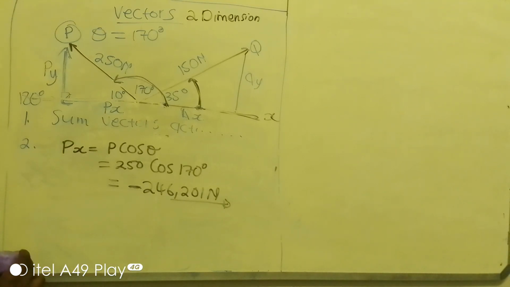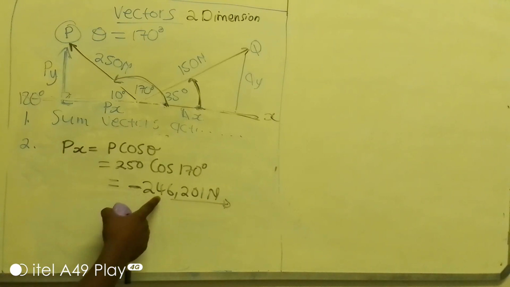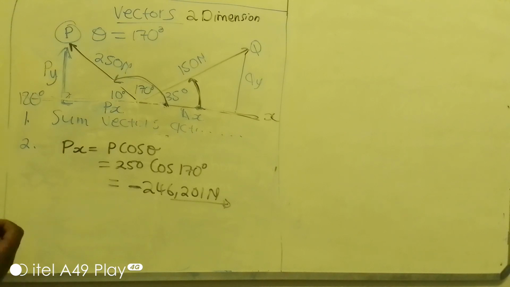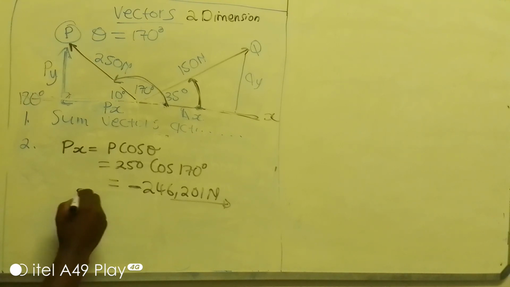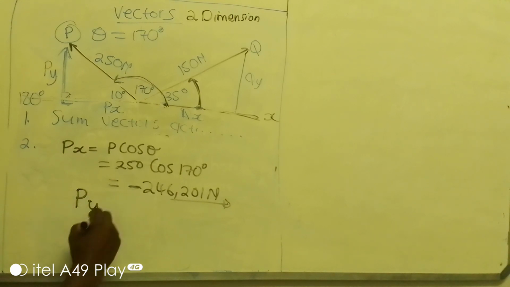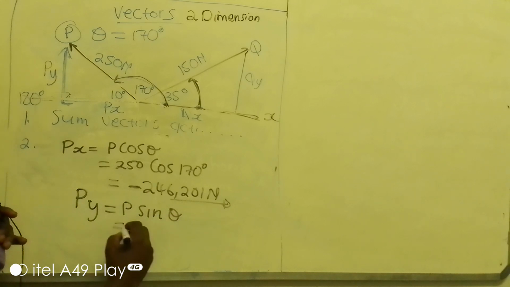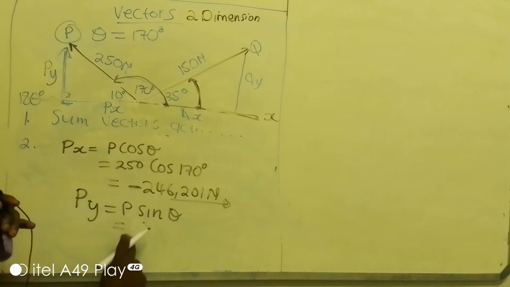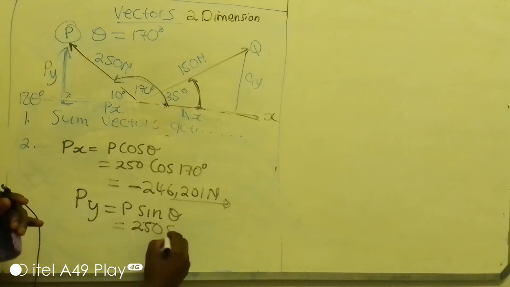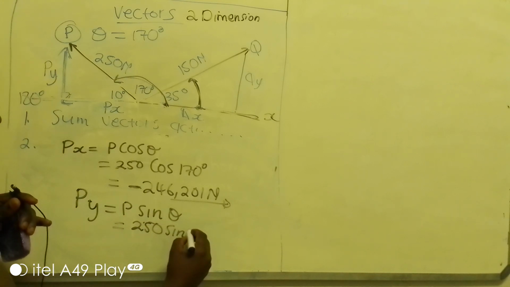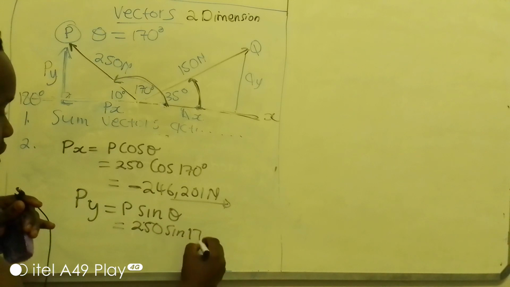Now let's find Py. We found Px, so what is Py? Py is P sine theta. P sine of theta is equal to P, which is 250, sine of what angle? 170.